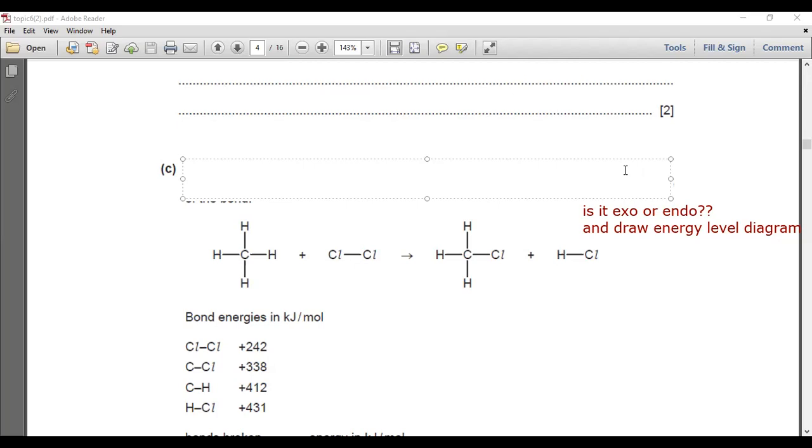Okay, energy out: 431 multiply 3. Why 431 multiply 3? H-Cl bond, 338.